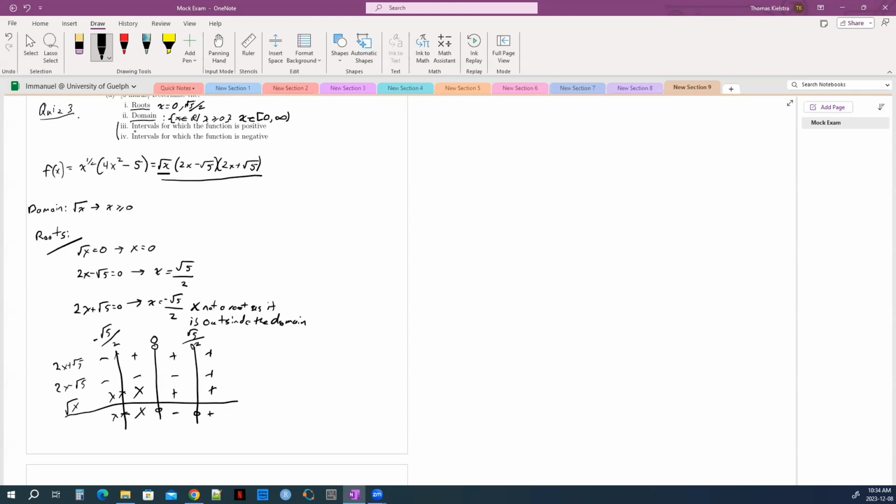So the interval for which the function is positive is going to be here. So this is x is an element of the interval root 5 all over 2 to infinity.